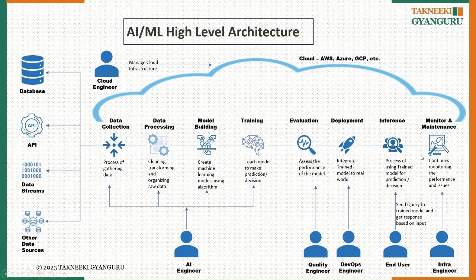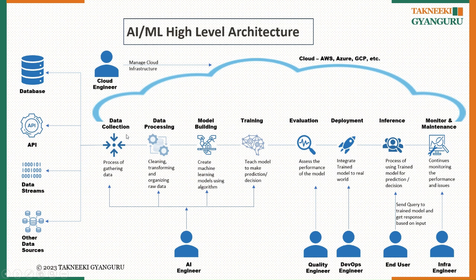If something goes wrong or something looks fishy, it will notify the corresponding teams, the responsible team who has the access to rectify the issues or performance issues. So it will notify the team responsible for fixing these kinds of issues, right?